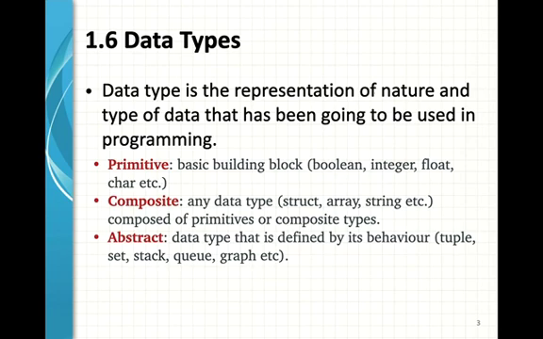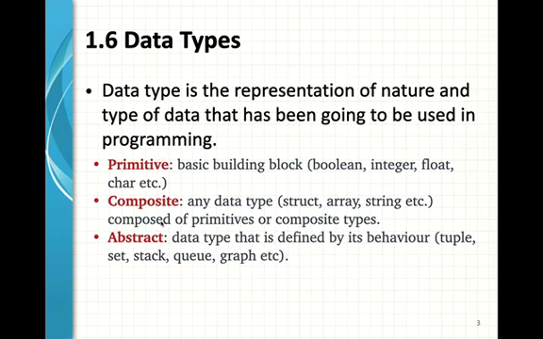Now what are the types? They may be primitive, composite or abstract. Primitive types are the basic building blocks. You already know about the atomic data types; these can also be called the primitive data types. Boolean, integer, float, character: these are the primitive data types.